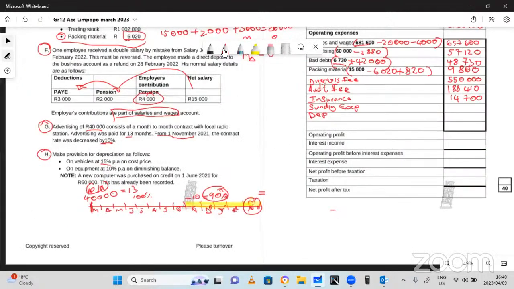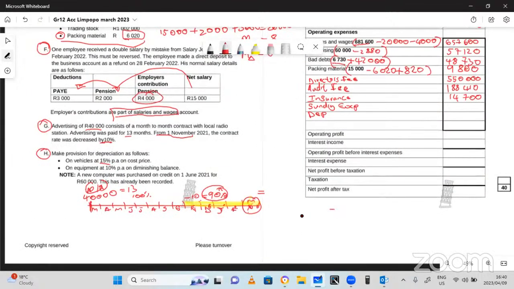To calculate our depreciation, remember that our depreciation is calculated at cost. We are going to take the 800,000 and multiply it with the percentage, which is 15% at cost.